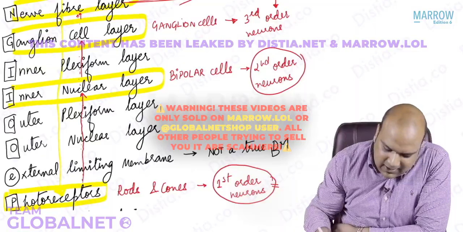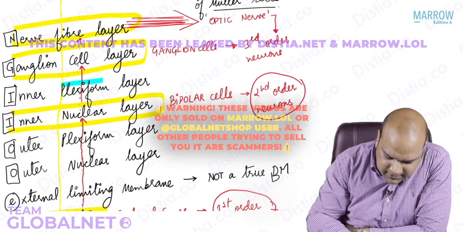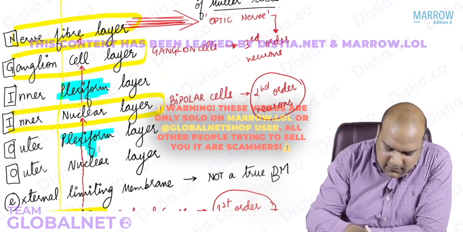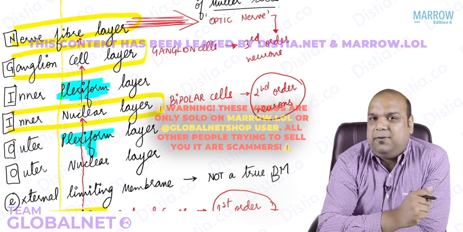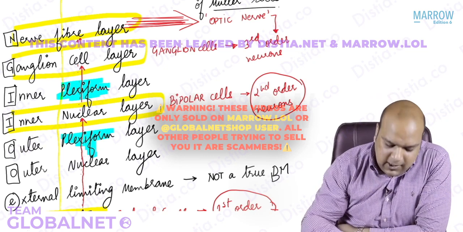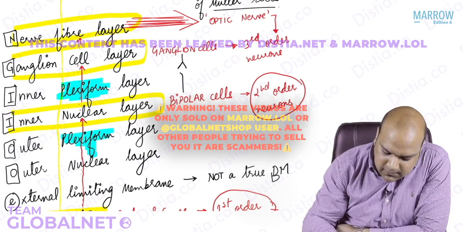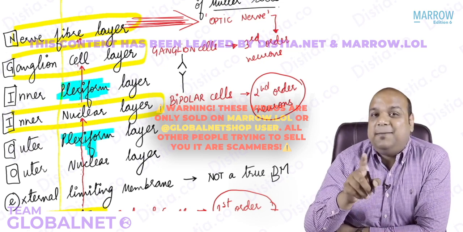Yes? Now that we know this, we have encountered another name here, sir. We have encountered a name which is plexiform. Sir, what is the meaning of this word plexiform? So plex means synapse, everybody. If you put your mind to it, you will see the inner plexiform layer is forming a synapse between the third order neuron, that is the ganglion cell, and the second order neuron, that is the bipolar cell.